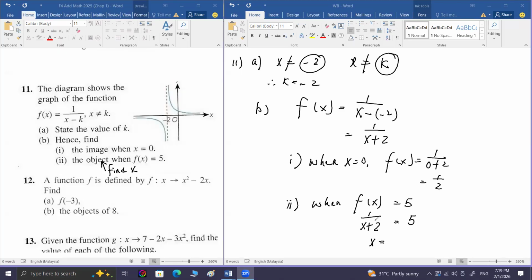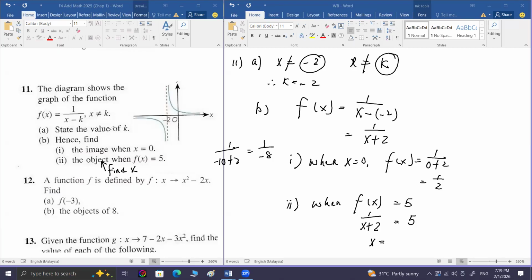How can be negative 10? You check and see. If you say that your x is negative 10, negative 10 plus 2 is it negative 8? Not 5. Okay, now they apply with the calculator, the alphabet one. You're still using MS.